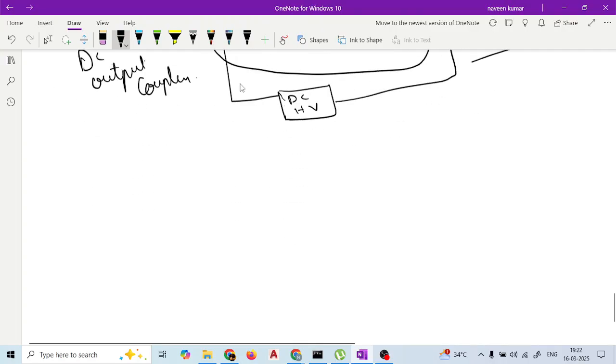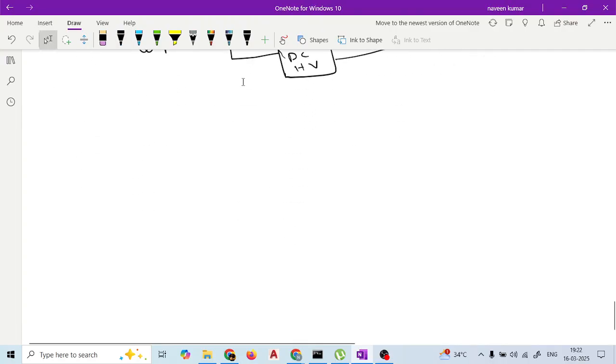Let me draw the electronic states of this one.